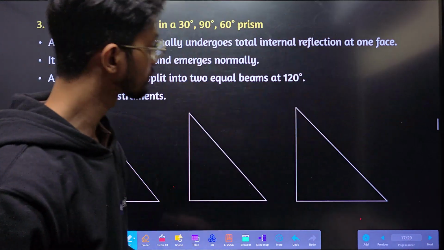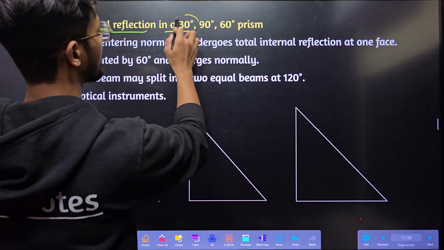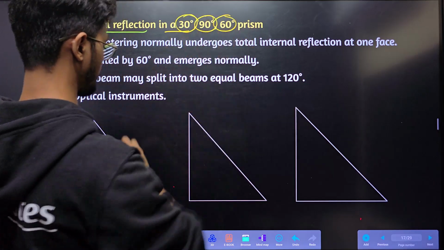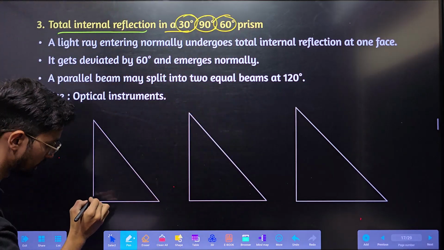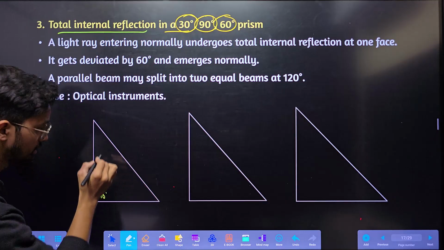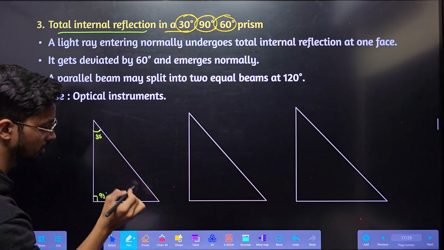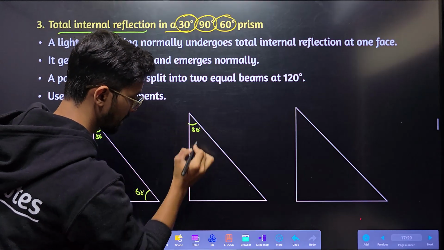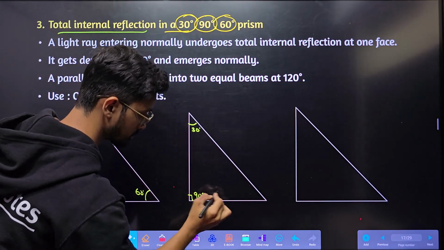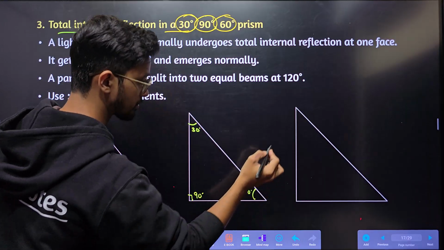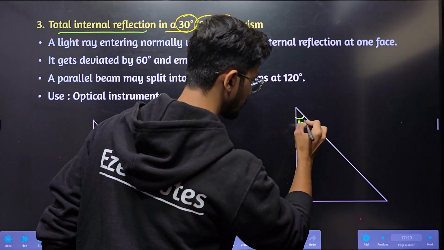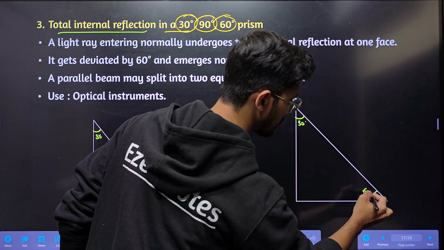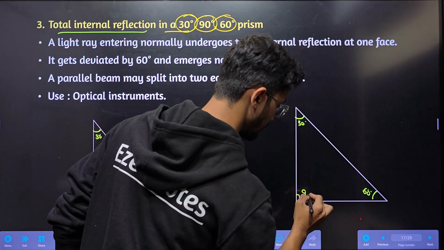Next, TIR in 30 degree, 90 degree and 60 degree prism. Let us assume this is 90, this is 30 and this is 60 degrees.